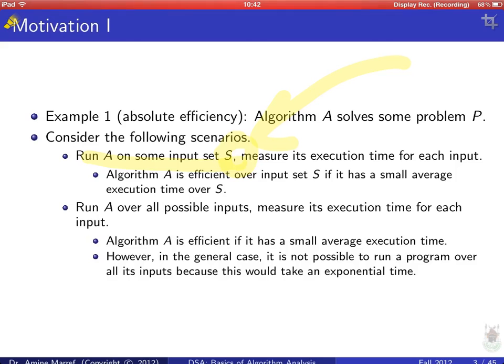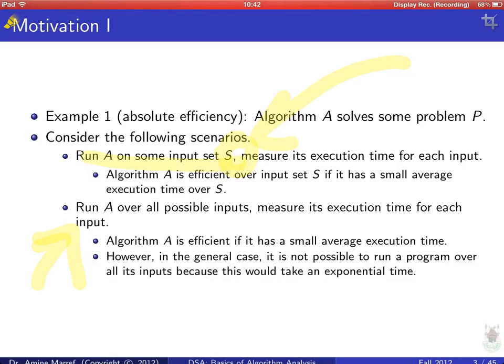I'm going back to this point here in the slides. Now let's say that somehow we are able to execute these two algorithms for every possible input. It's not possible, but let's assume the problem is small, or the input space is small.